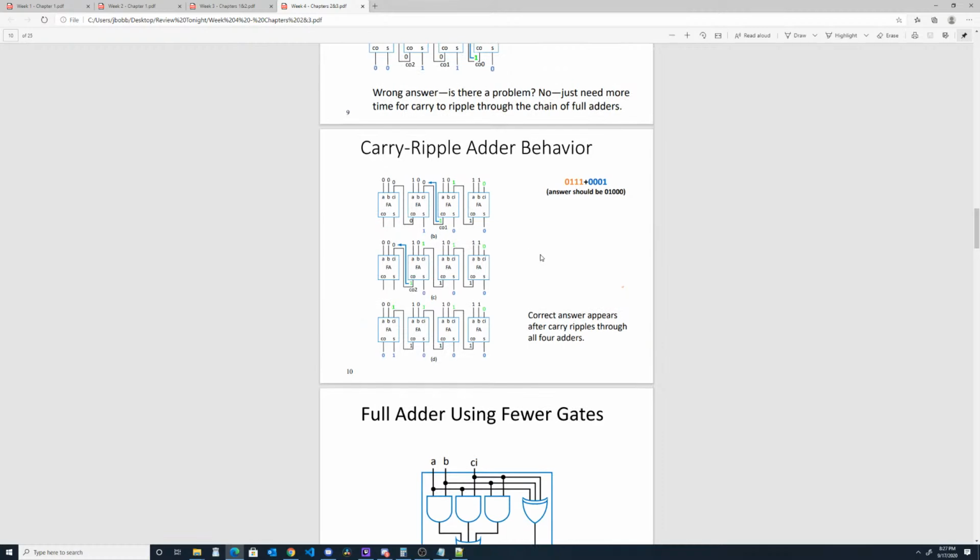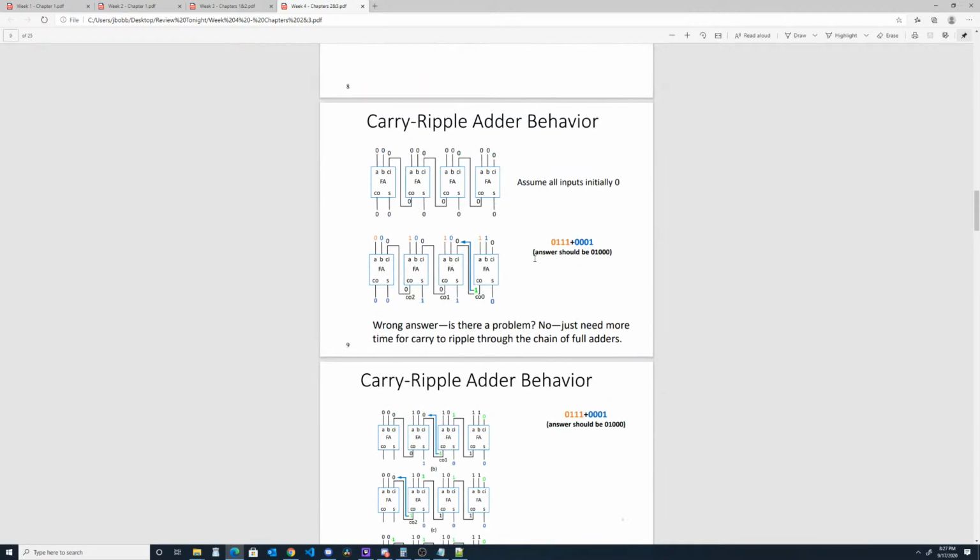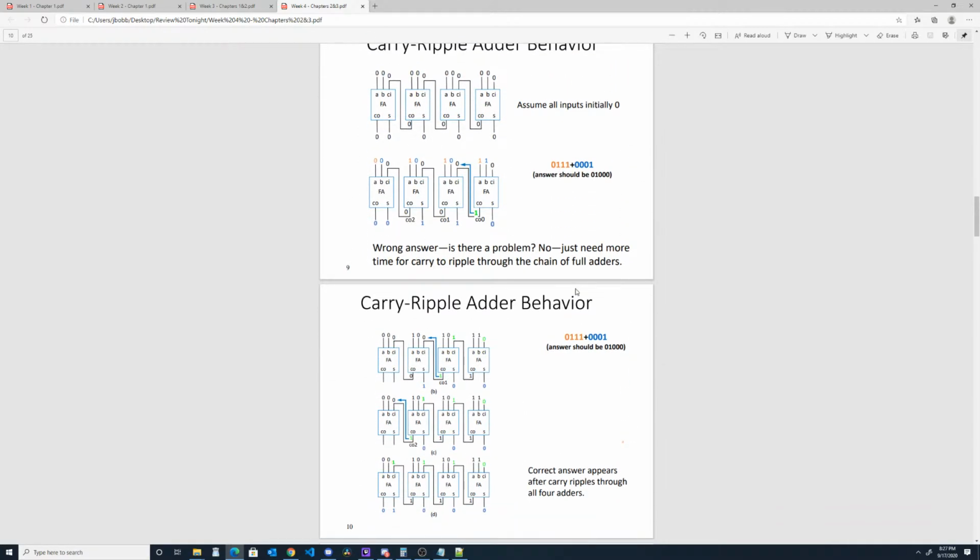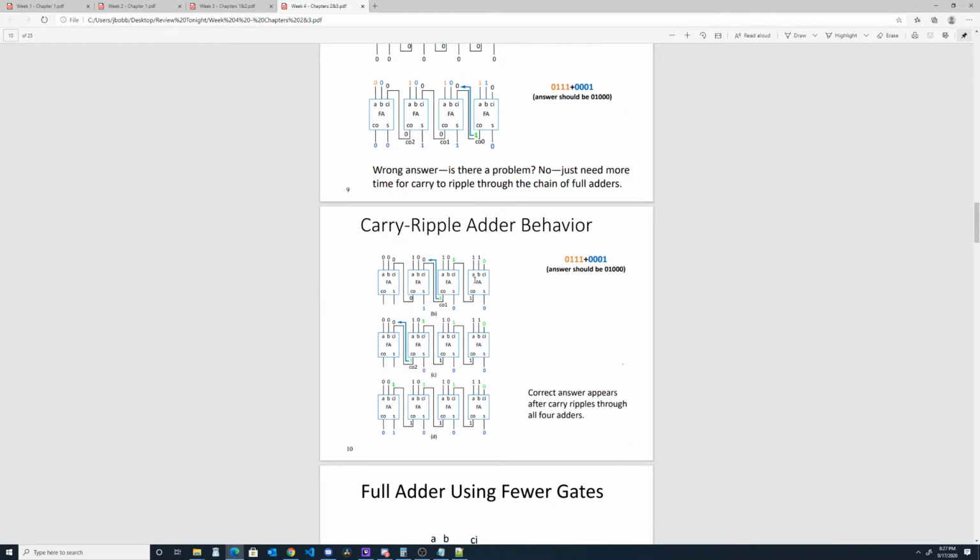And a ripple carry adder is, every time you add a singular binary digit, you could have a carry, right? If we add 1 and 1 together in one cell, the result will be 0 and we'll have a 1 that carries over. This allows that carryover to be included in the next set of calculations. So if you have a carry, it's going to be added when it goes to the next digit.